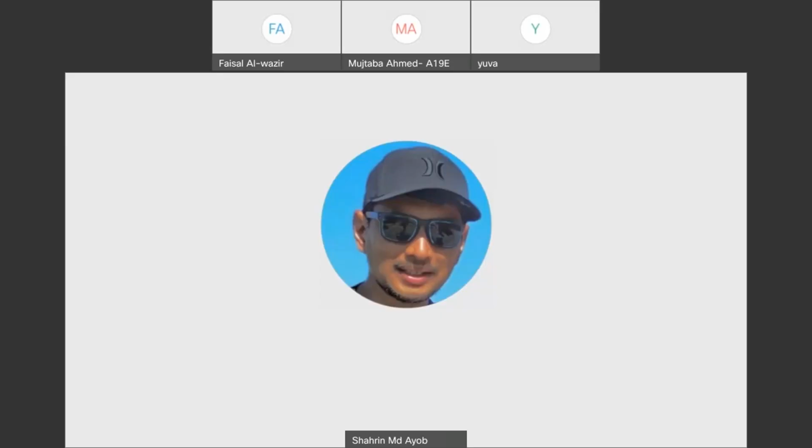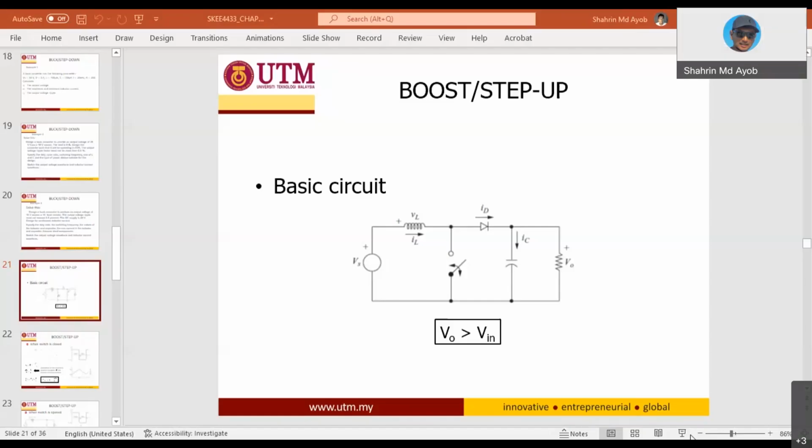Some parts, for example the boost converter. I hope you know some parts that I didn't highlight, but you need to know them.